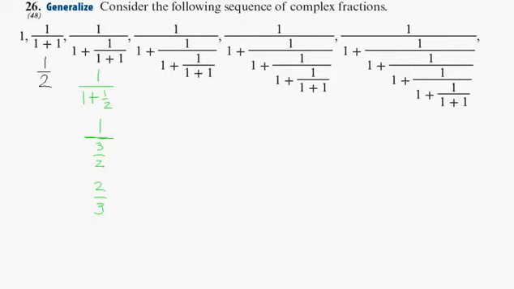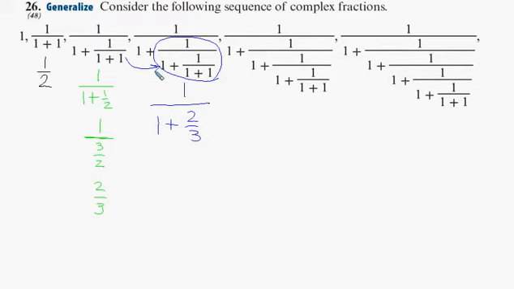So here we have 1 over 1 plus all of this was 2/3, okay? So all of this right here was equal to 2/3. Can you see that that is just this right here?